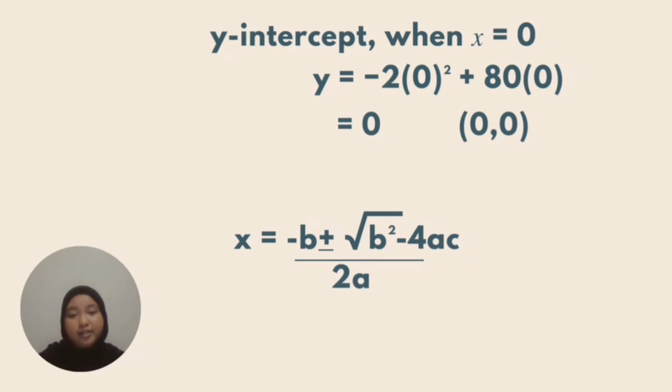Okay, so to plot the graph, we choose the y-intercept when x equals 0 and y equals 0. And here is the quadratic formula, which is x equals negative b plus or minus the square root of b squared minus 4ac over 2a.